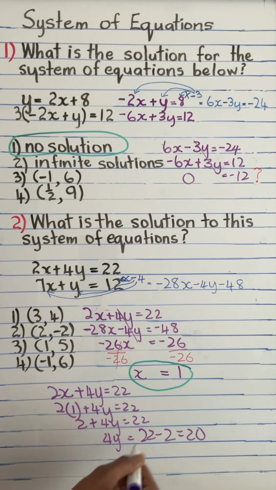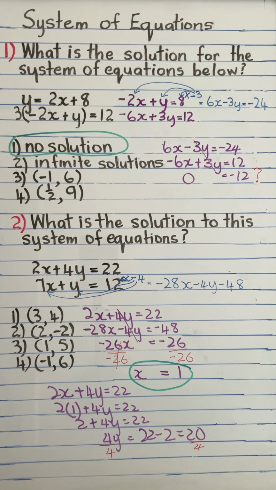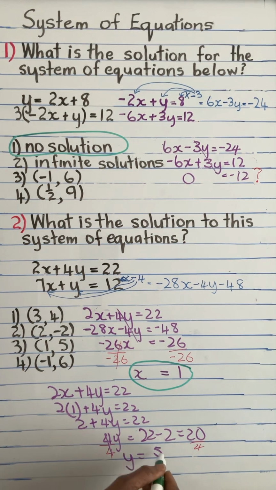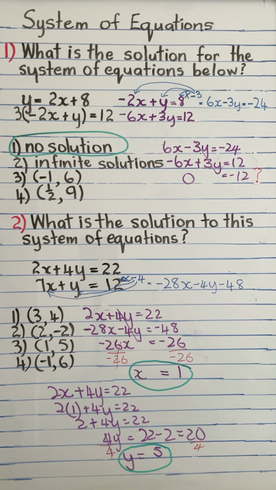And we're going to divide both sides now by 4. So y is equal to 5. Our next and last step is to write the solution as an ordered pair.